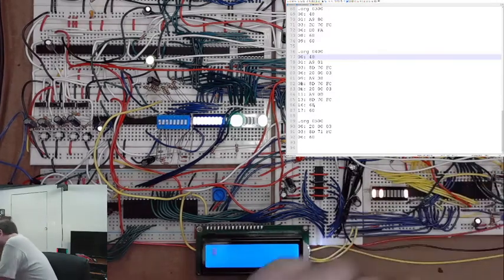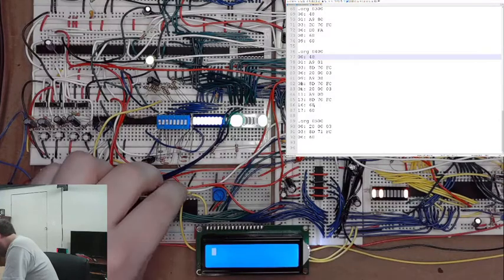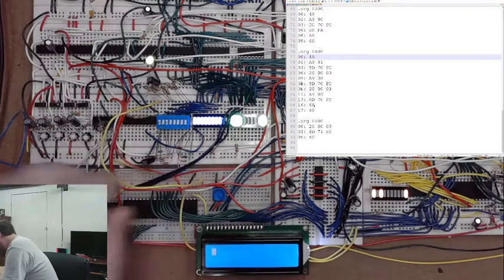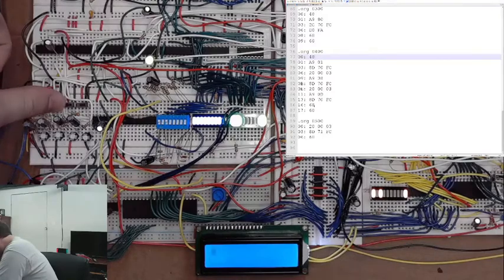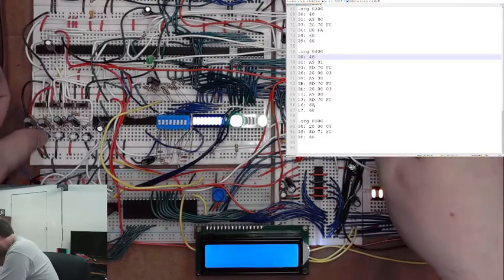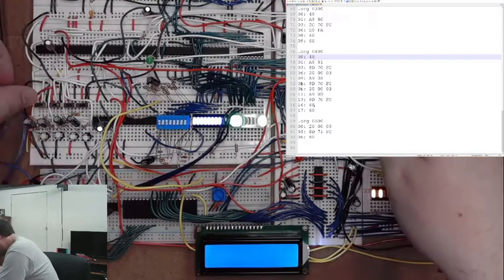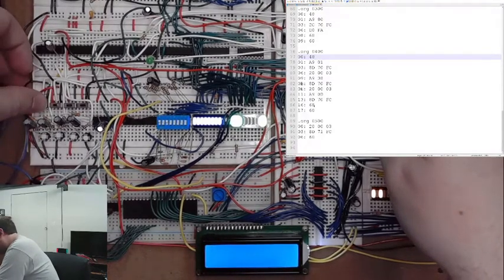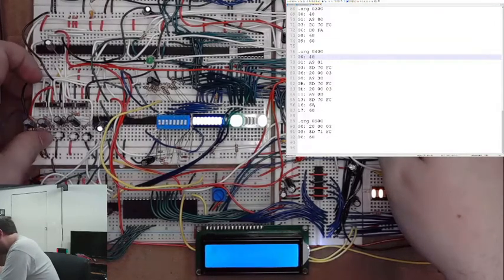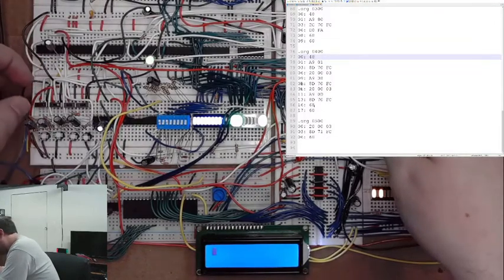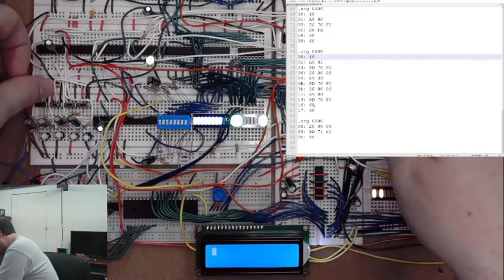We'll disable the RAM for a second. Put this back to permanently disabled. We will allow the processor to take over again.